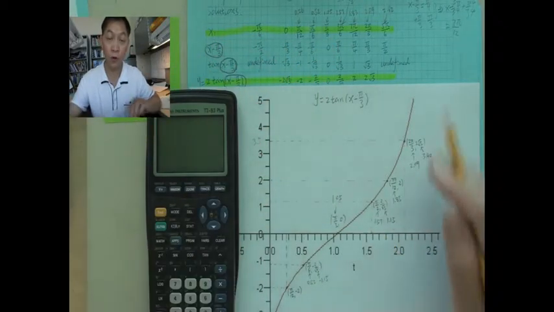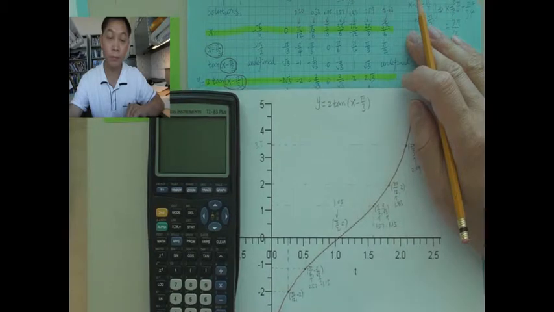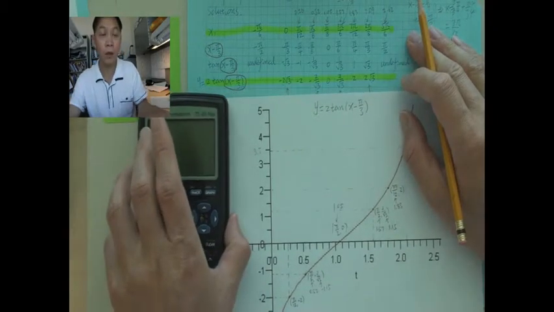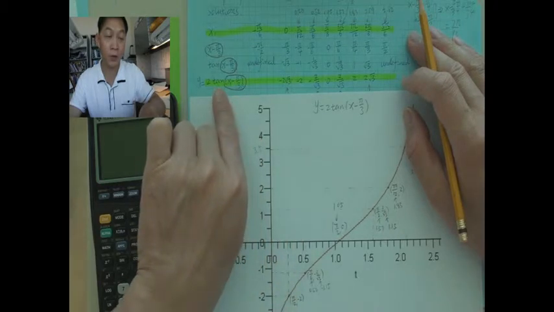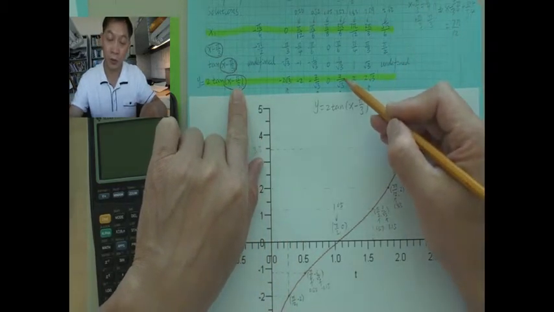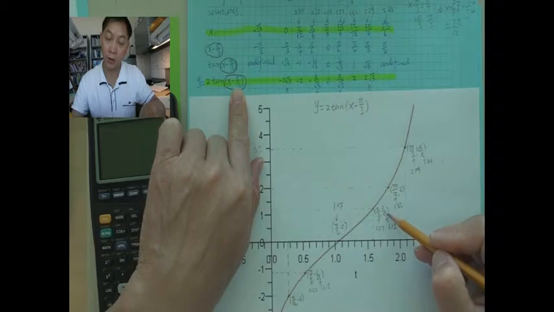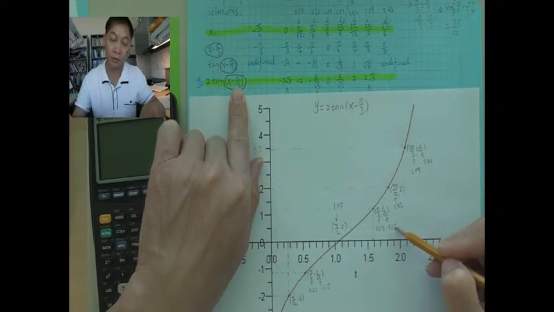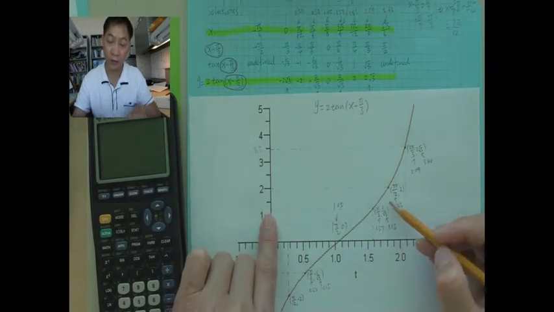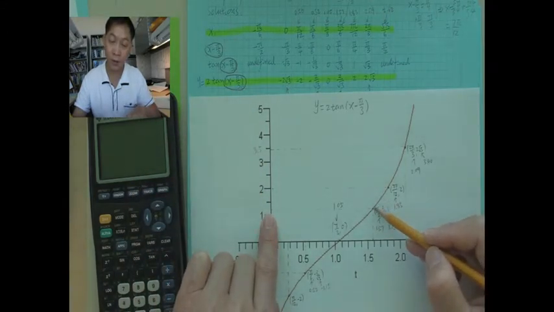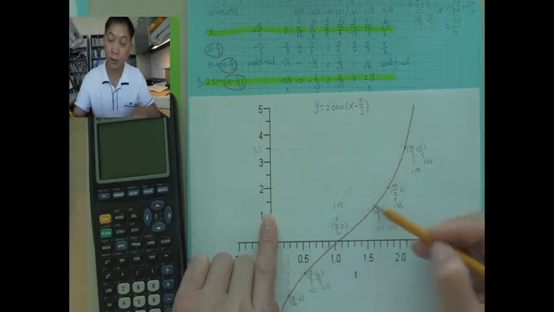And you have a value for tangent, 2 times x minus pi over 3, that's 2 over radical 3. 2 over radical 3 is approximately 1.15. 1 is here, 1.15 is about here. Okay, so this tall. So you have this point.